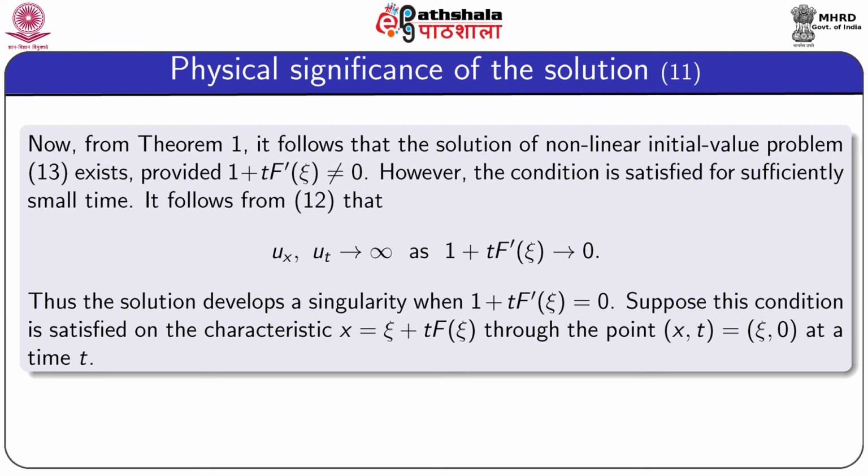Suppose the condition, that means 1 plus t f dash xi equals 0, is satisfied on the characteristic x equals xi plus t f(xi), and this characteristic also passes through the point (xi, 0) at time t equals 0.